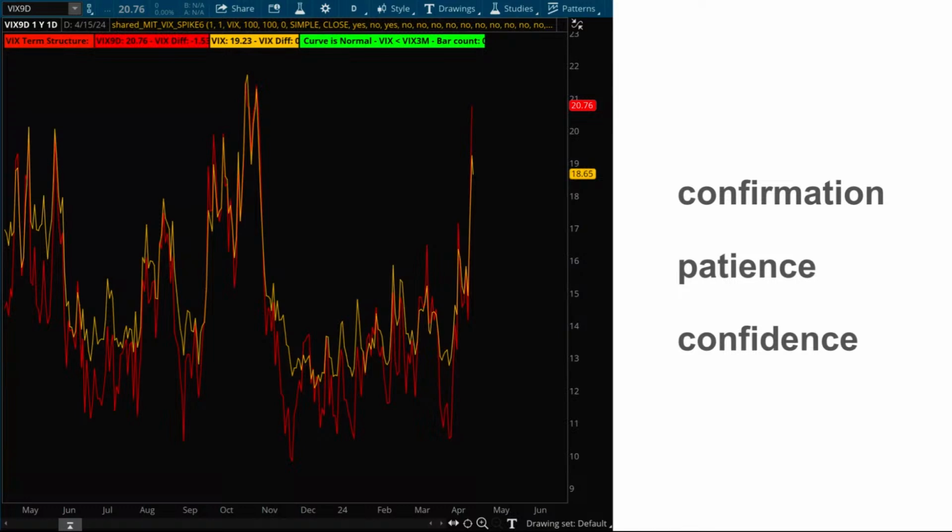When the market Qs get under our line in the sand, that's our confirmation. When the VIX starts rallying, not only do we have a confirmation, now I need you to be patient with that position. I need you to be confident with that position because it's the right side of the market. Use that 433 as major resistance.